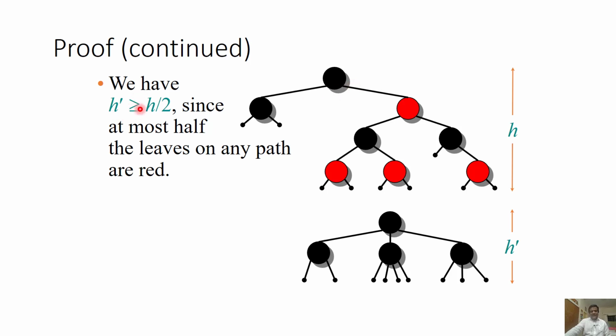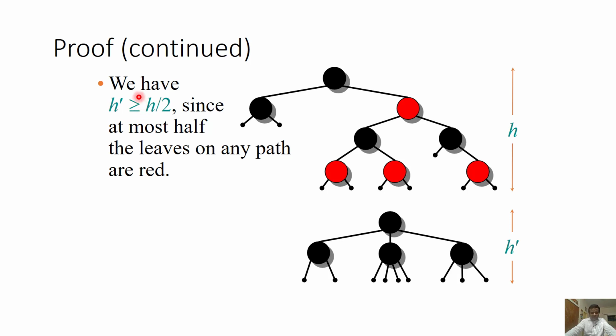To be less than that, there would need to be more red nodes than black nodes, which is not possible, because if a node is red, its parent must be black. So every path from root to leaf contains fewer red nodes than black nodes, or at most an equal number, which is why it is an equality. So, h prime has to be greater than or equal to h by 2.